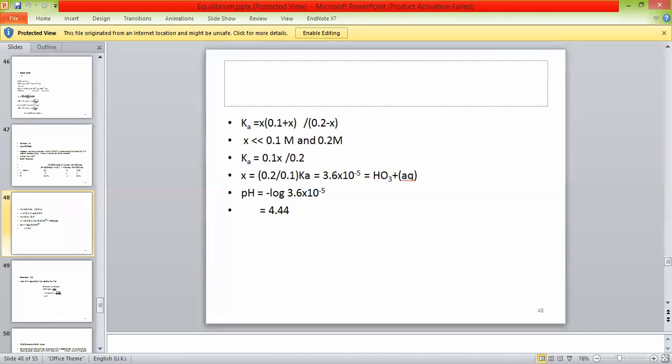Now, this is when you use the ICE table. If you don't use the ICE table, you can use the HH equation. The HH equation is pH is equal to pKa plus the log of the salt divided by the acid. So what you're going to do, find pKa.